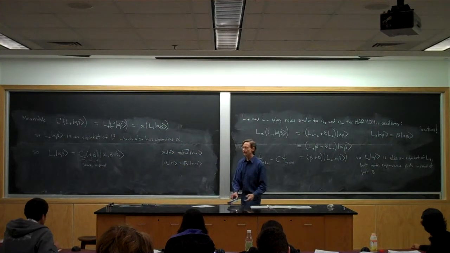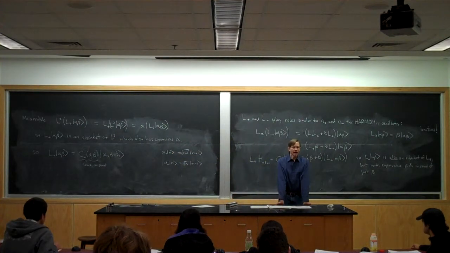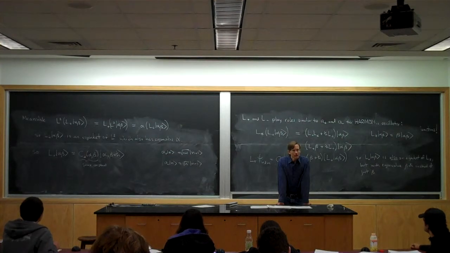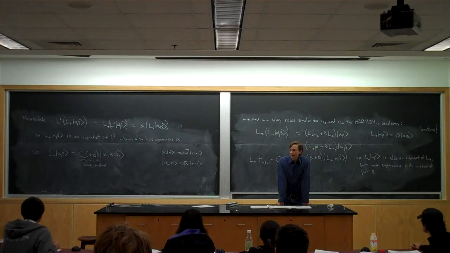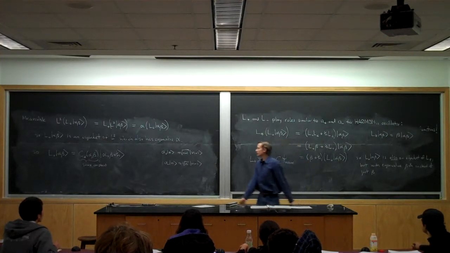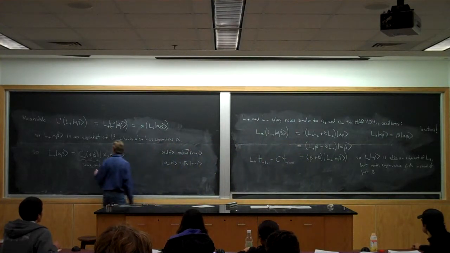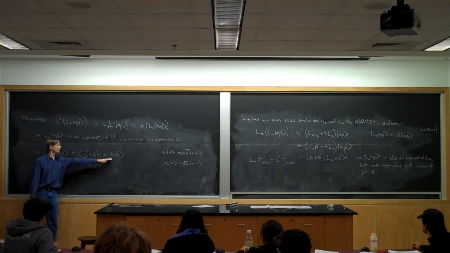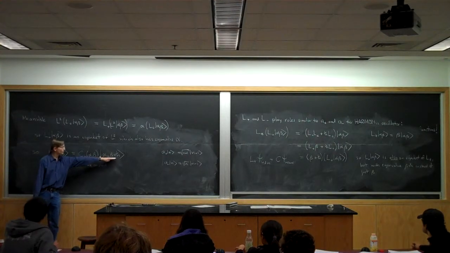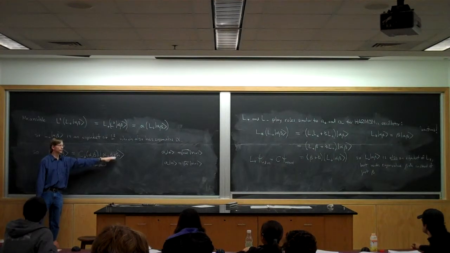And remember that if I have an eigenvector of some operator, the most general thing we can say here is that the new eigenvector is some multiple of the normalized eigenvector alpha beta plus h bar.